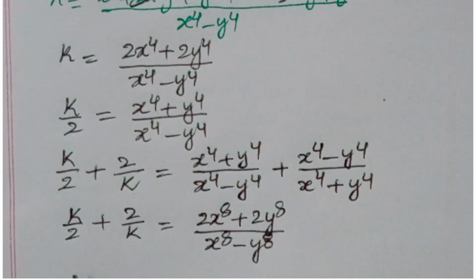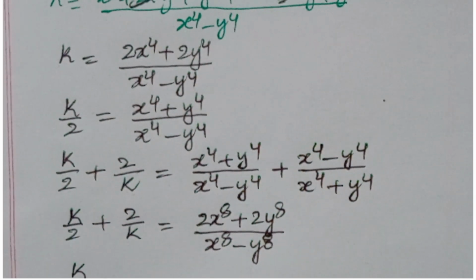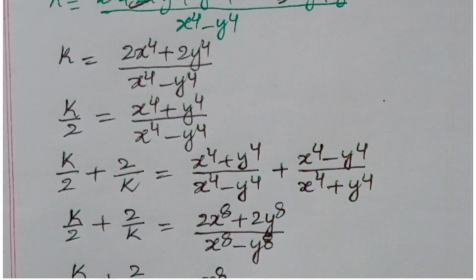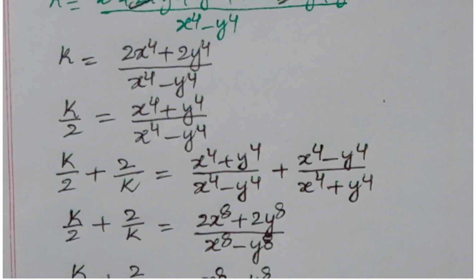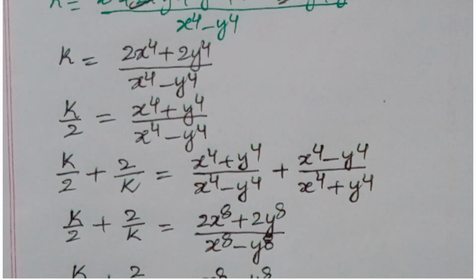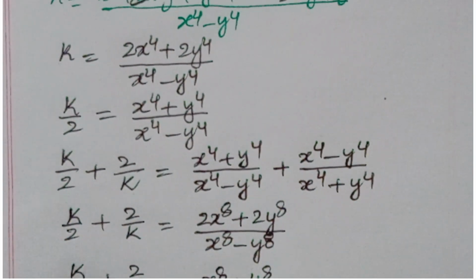Taking 2 common and sending to that side, (k/2 + 2/k)/2 is equal to (x⁸ + y⁸)/(x⁸ − y⁸).